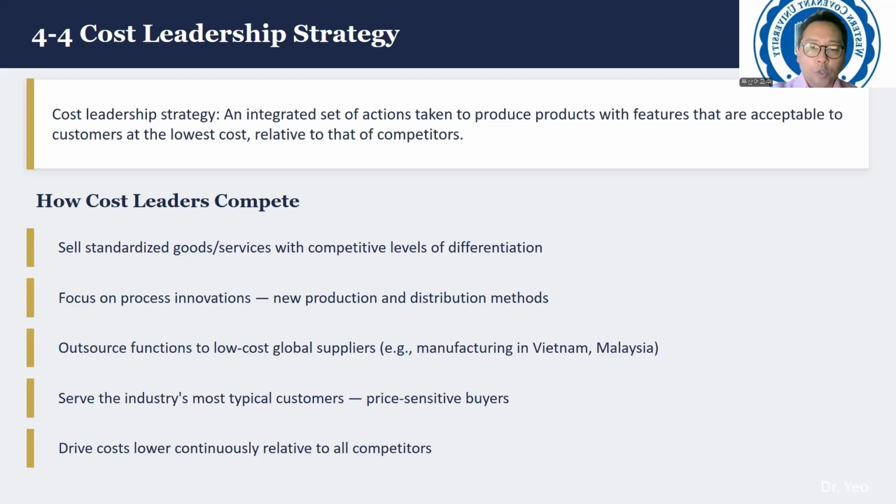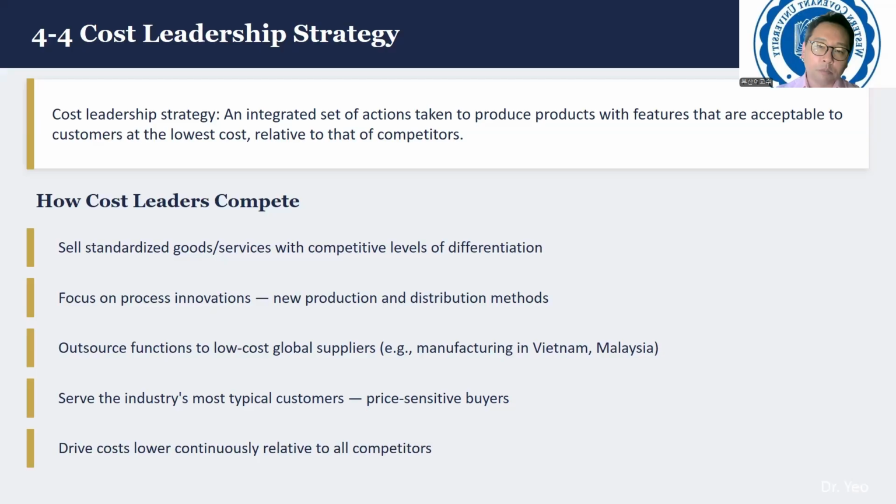And how do cost leaders actually achieve low cost? Through process innovations, reimagining how things are made and delivered, and through outsourcing. Outsourcing is a great strategy to achieve a lower cost product or service, by finding the cheapest global suppliers.